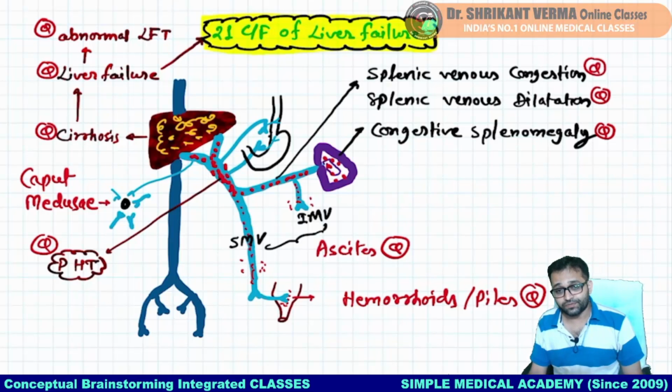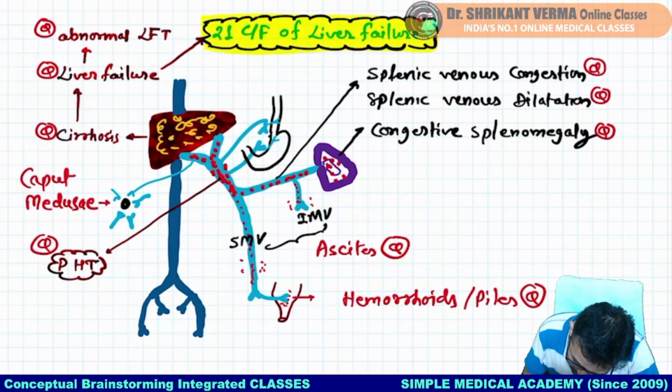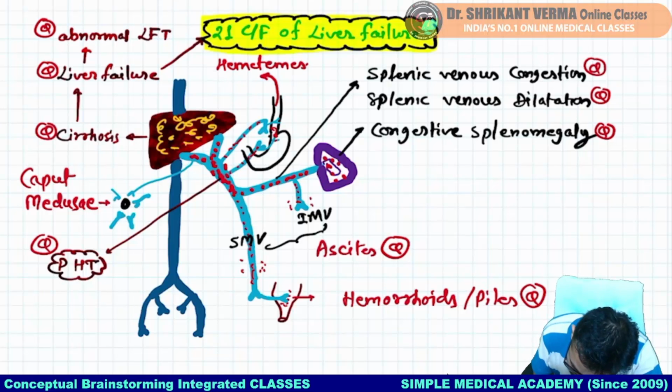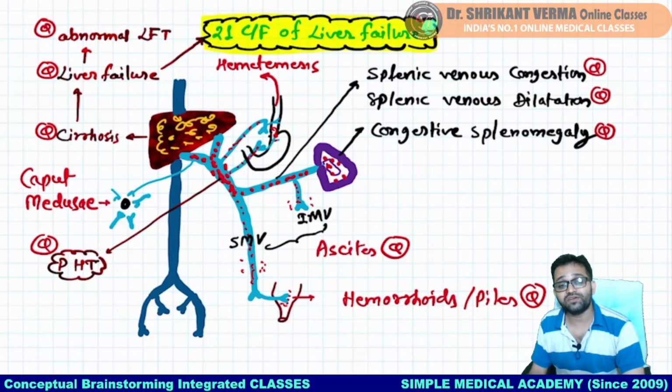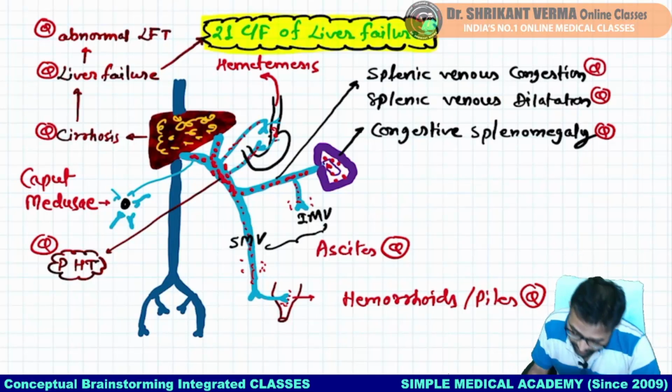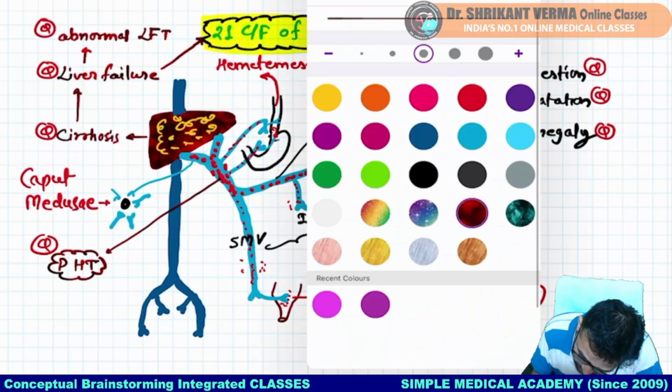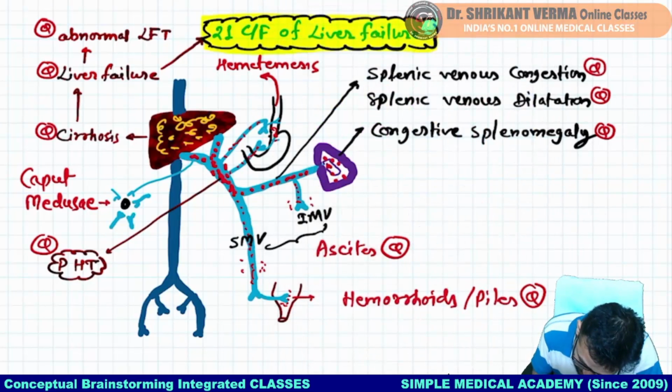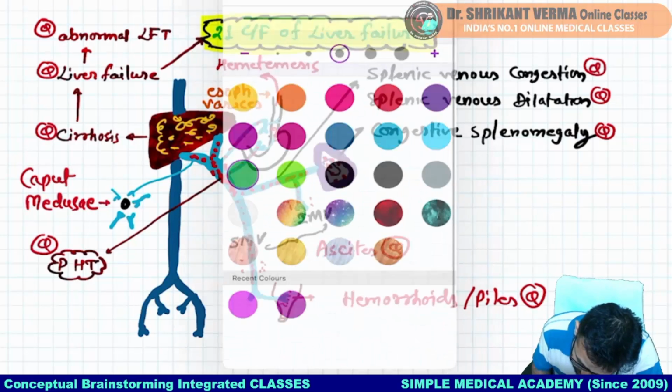Also, you will observe blood within the right and left gastric veins reaching the lower end of the esophagus, and that will result in hematemesis, blood vomiting, known as esophageal varices. Each and every point is MCQ.